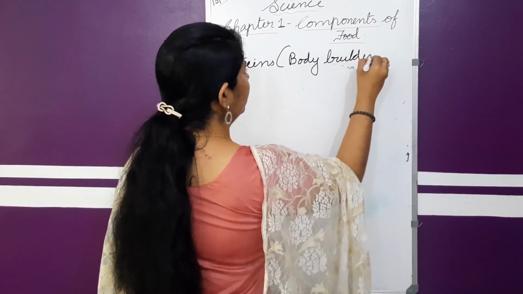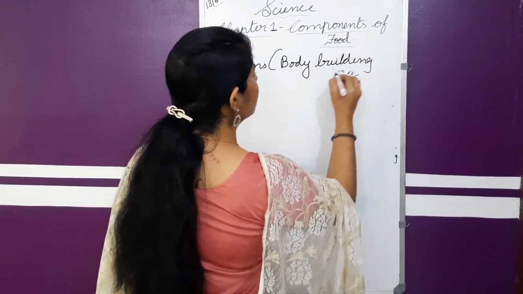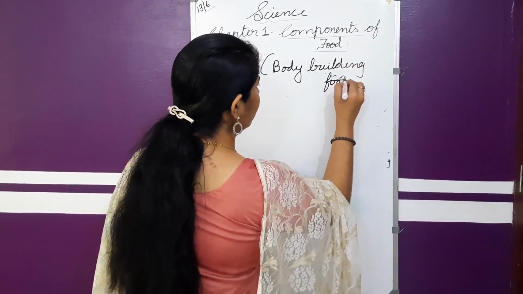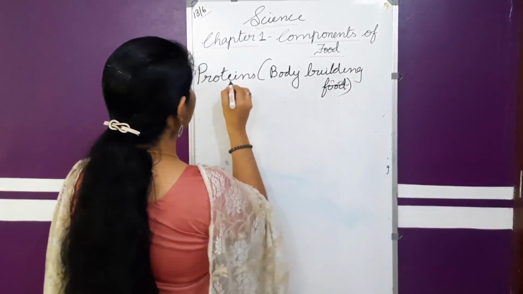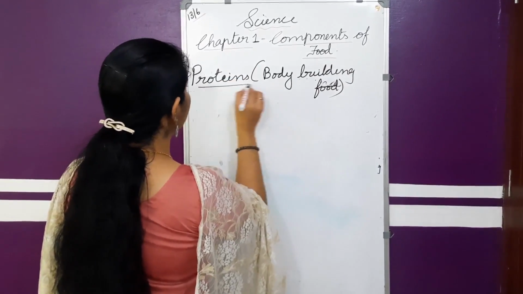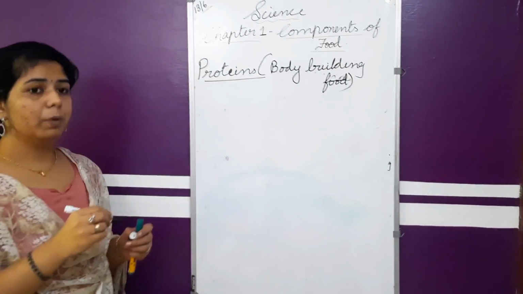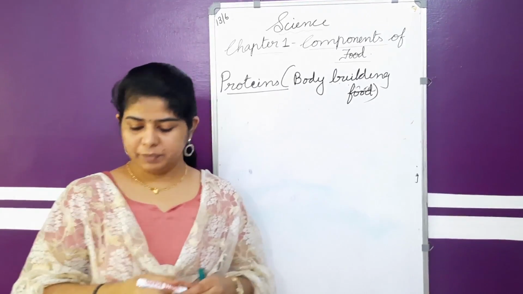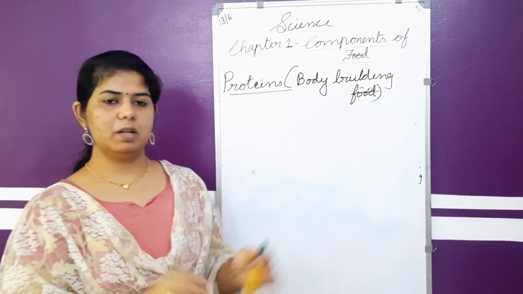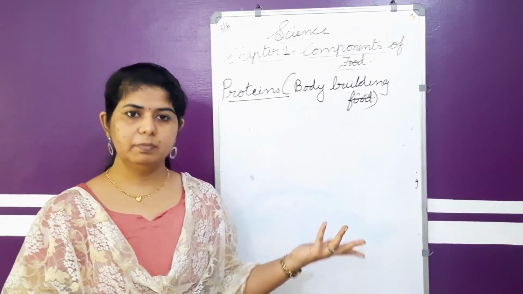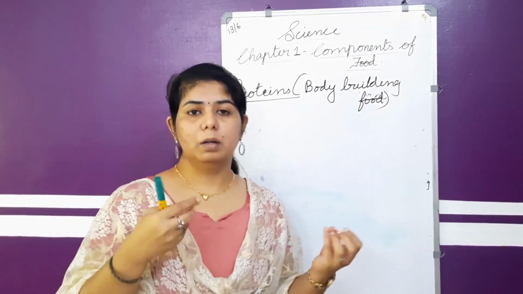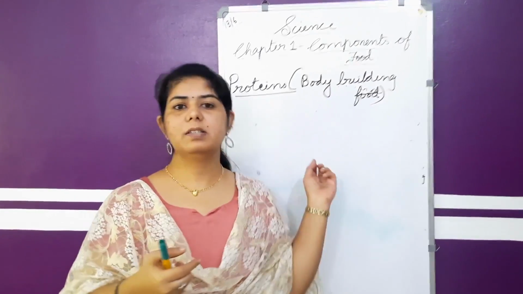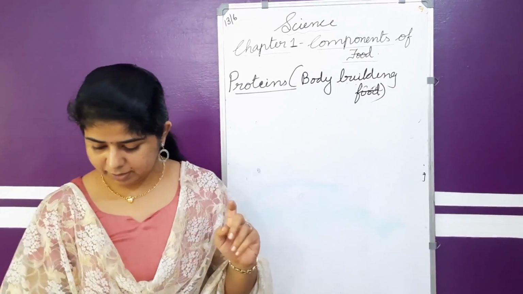So in bracket you write it like this. So you will understand what is the function of this nutrient. So the second one, proteins, it is a body building food. And you understood what is the function of it. And also to repair the broken bones, proteins are very important.